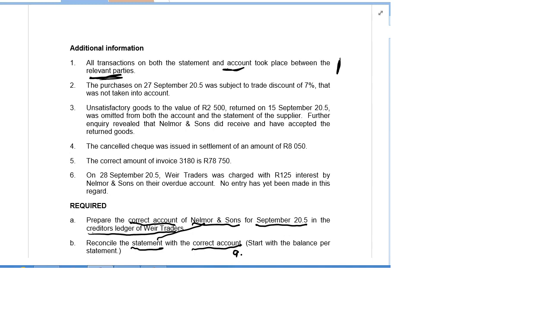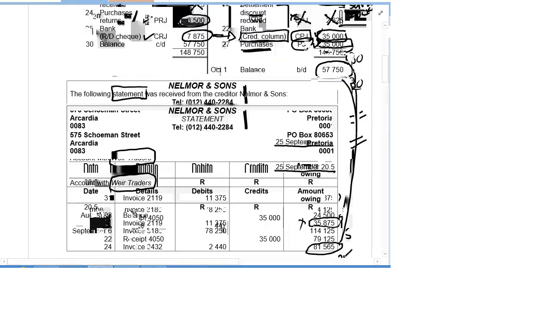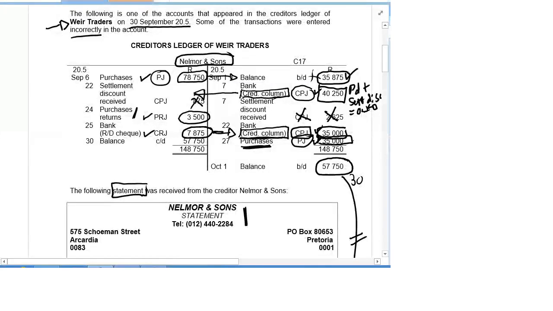Then item number 2: the purchases on 27th of September were subject to a trade discount of 7% that was not taken into account. Remember, trade discount is a discount you get when you buy. It's not a settlement discount. You have to record the price after that discount. So if we go back and look on the 27th of September, here's the 35,000 for purchases.